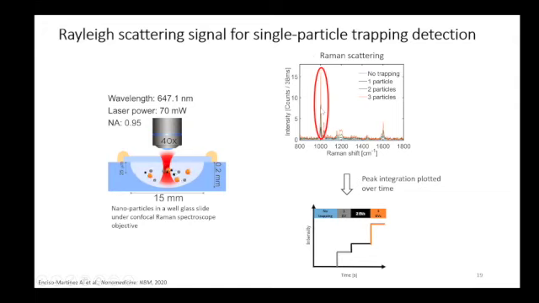We see that some vesicles have a clear unique peak. We can integrate it and plot it over time, and generate a Raman time trace. If the Raman time trace overlaps with the Rayleigh time trace, then we are trapping a particle of interest. But if, for instance, the Rayleigh time trace shows a step but the Raman does not, then we trap a particle, but it's not the one that we were looking for.